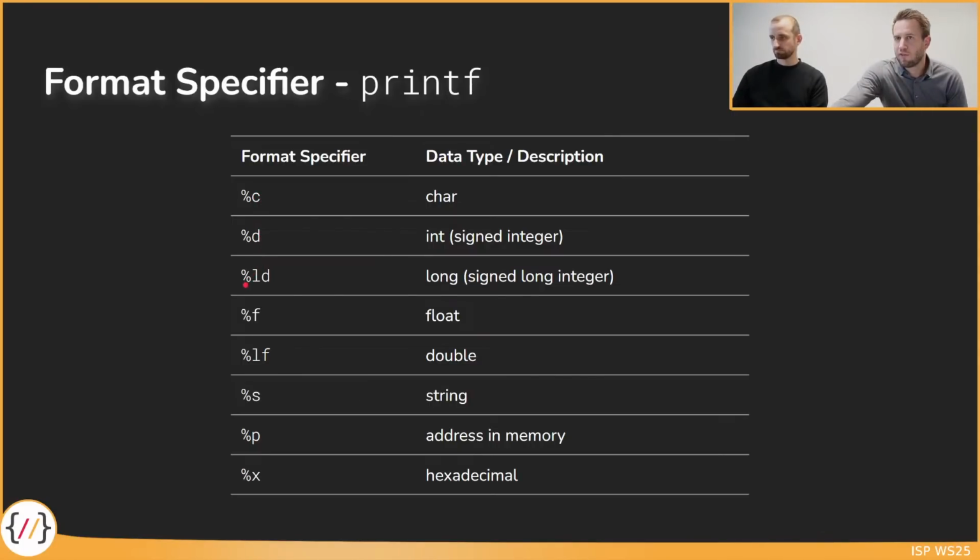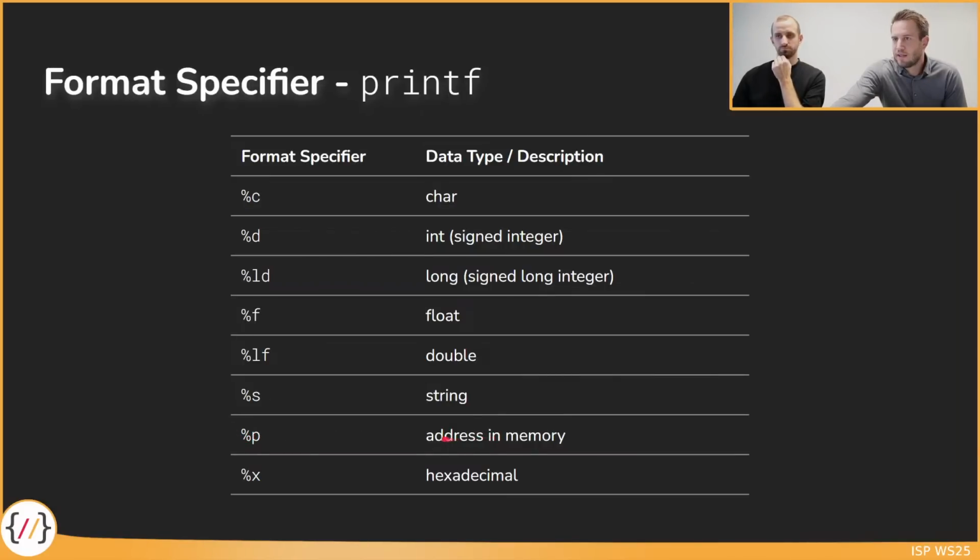Then we have something like %ld for long integers, we have %f for floats, we have %lf for long float, or in this case double, we have %s for strings, we have %p for pointer.